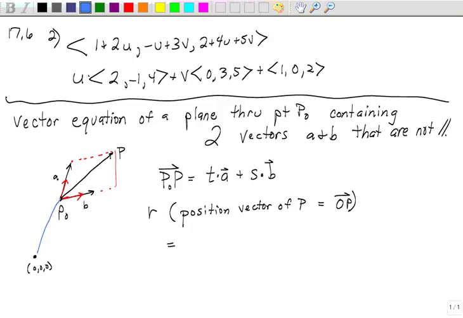It's going to be OP0 plus P0P. And that's the position vector R0 plus TA plus SB.